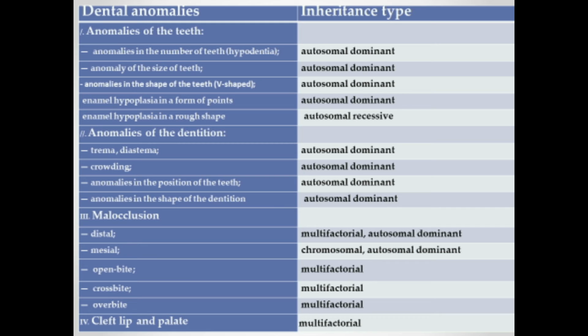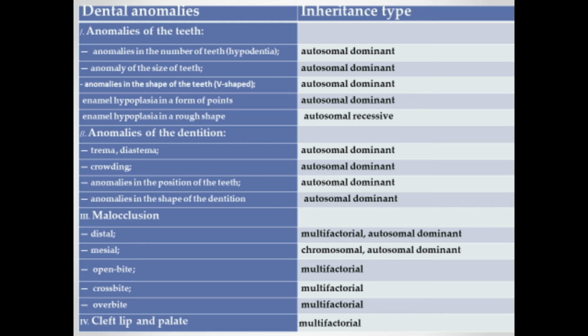Clinical genealogical analysis of frontal crowding of teeth in probands' families shows that at least one of the proband's parents had the same abnormality. This means that this dental anomaly has an autosomal dominant type of inheritance and is exposed to both genders.